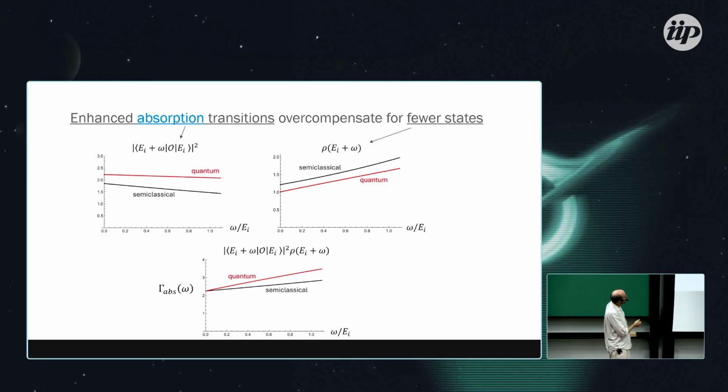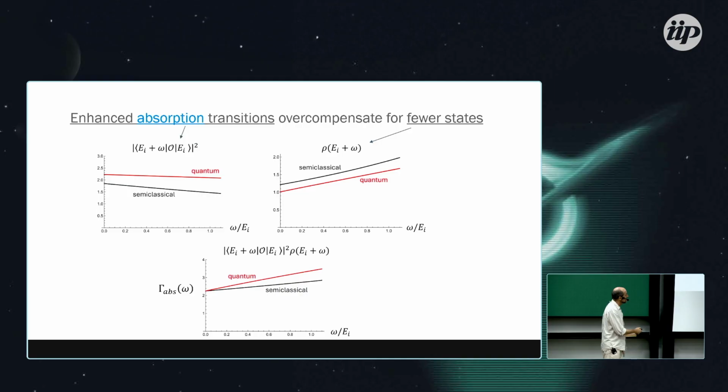As I said, this is because when you dissect the result and separate the two different effects, the effects coming from transition rates and the effects coming from density of states, you see that the density of states is smaller in the quantum regime than in the semiclassical regime. But the transition rates are larger in the quantum regime than in the semiclassical regime.